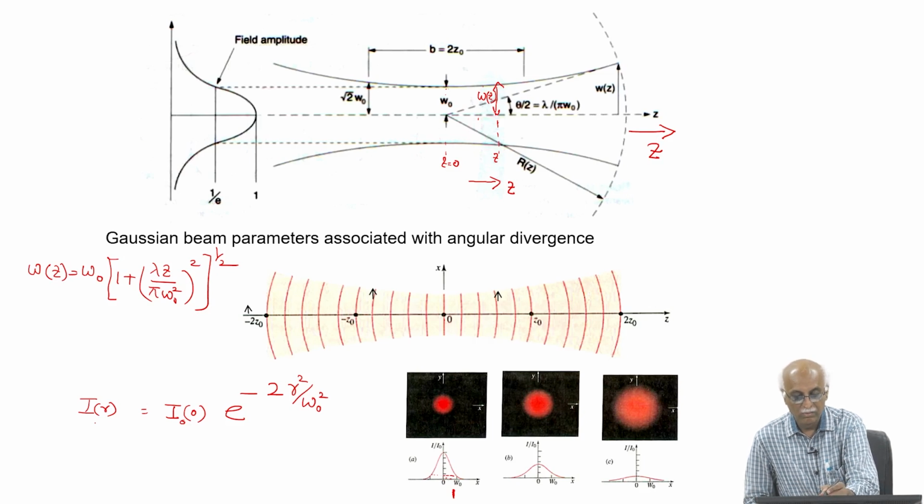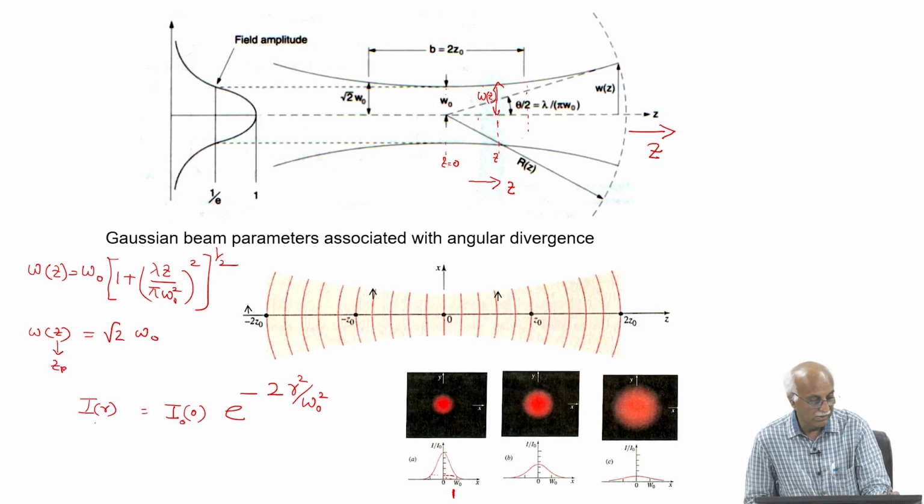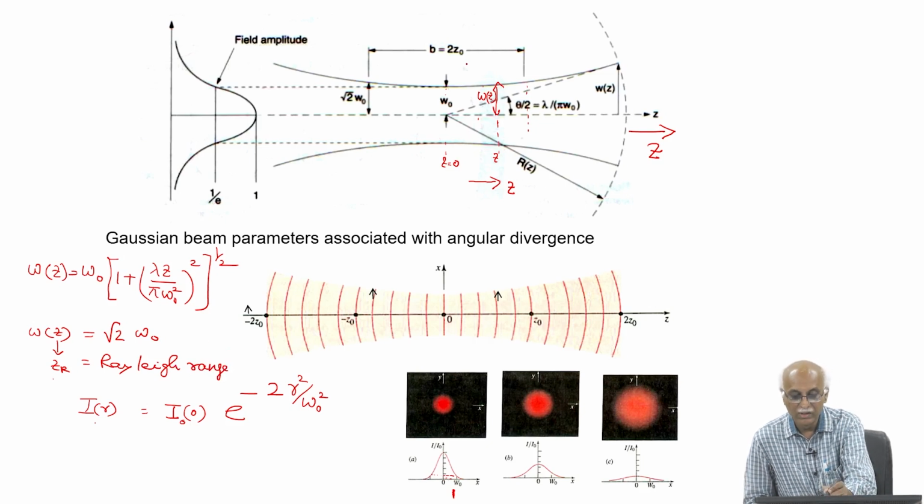We also learnt that when this w of z becomes root 2 times w0, that position of z is the Rayleigh range, ZR, or Z0 in this case. At the Rayleigh range, the beam spot size is root 2 times the beam waist w0.